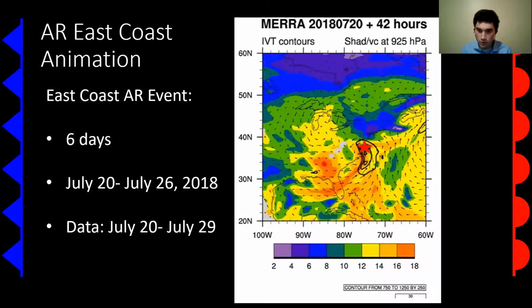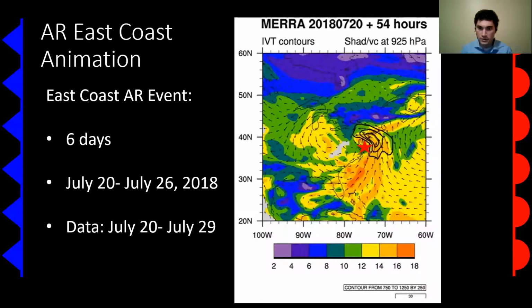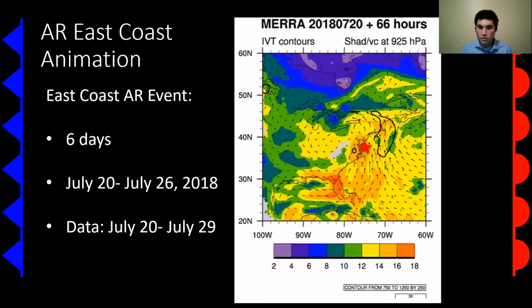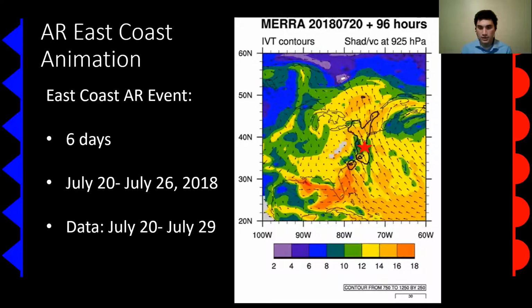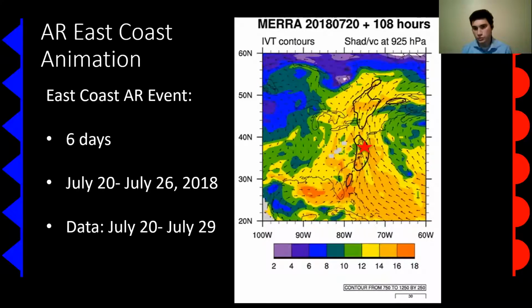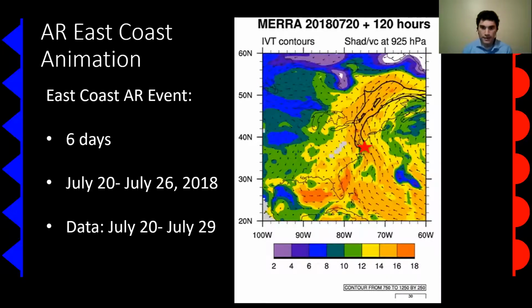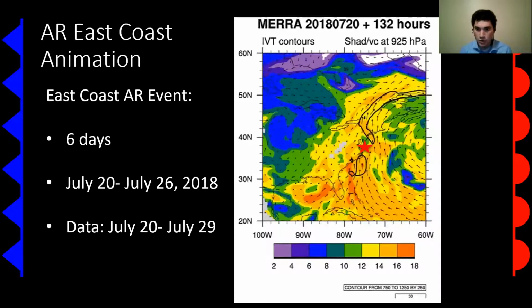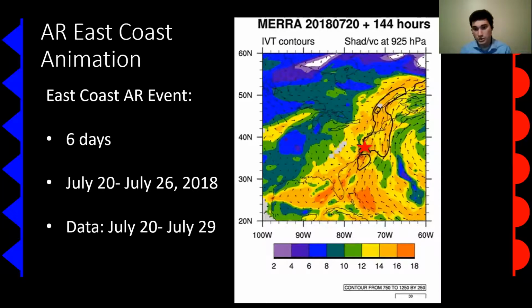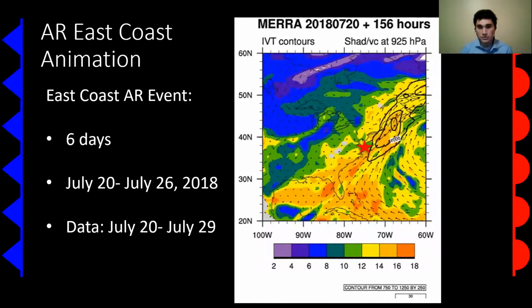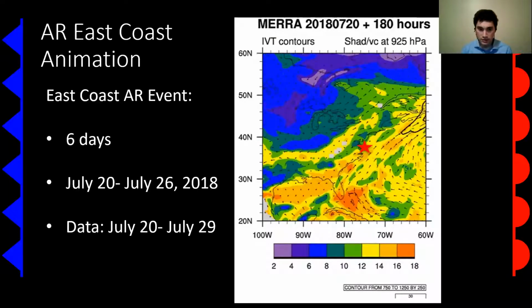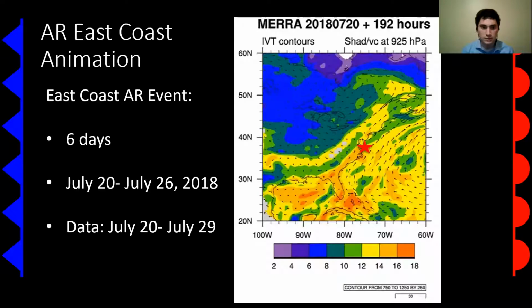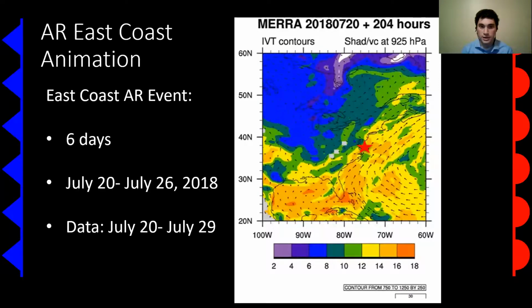And the isobars are IVT values at 750, 1000, and 1250 at 925 hectopascals, which is relatively closer to the surface. And the arrows are wind direction and wind speed. And so while the AR lasted from the 20th to the 26th, this entire data is from July 20th to the 29th.